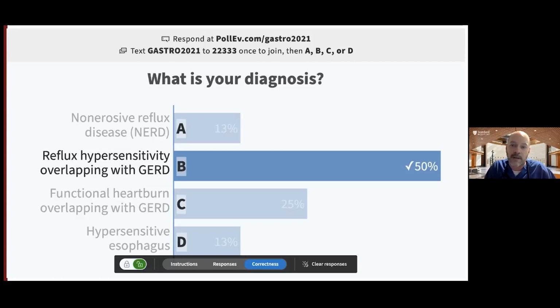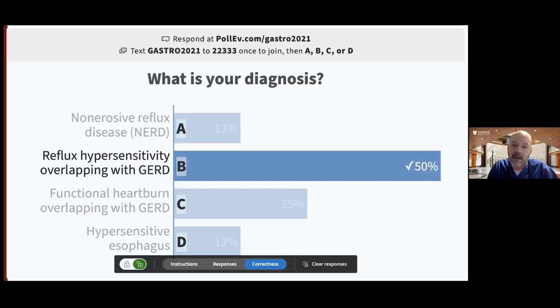On therapy, there's no sign of acid exposure despite the meds that they're on, and the reflux numbers themselves seem normal, but based on the symptom index as well as the SAP, there is symptom correlation. So this would fall into a category of B, where essentially there's both hypersensitivity as well as baseline GERD. This wouldn't be A based on the fact that we have erosions at baseline.